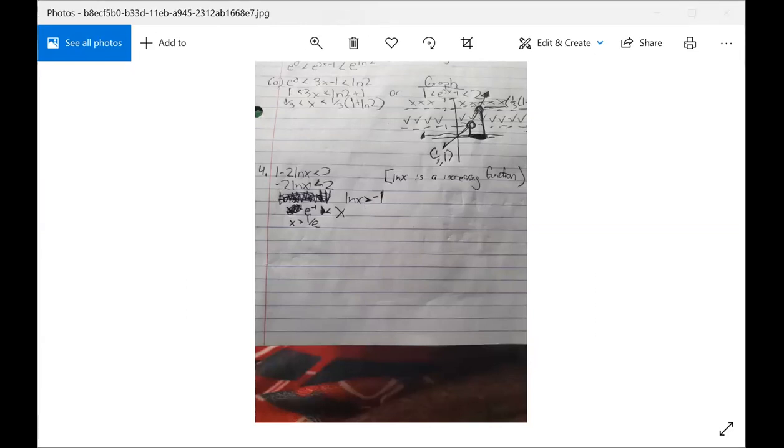All right, this is what Mikhail did. Subtract 1 on both sides, and so he corrected that mistake. Larger than -1, so x is larger than 1/e. Excellent. Very good job, you guys.